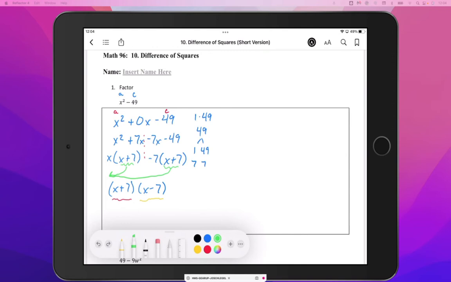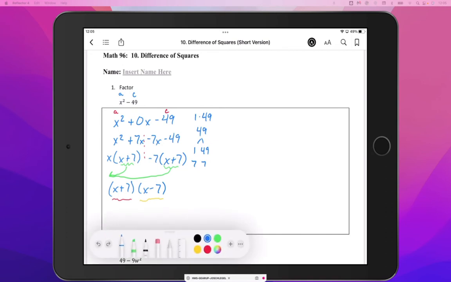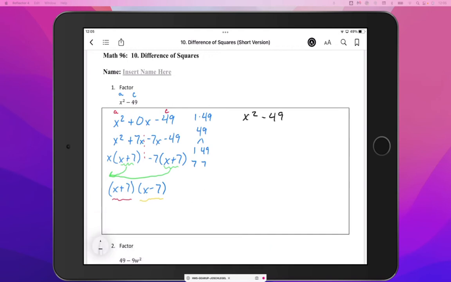The shortcut trick or the magic trick for this is to say, oh look, I'm going to do this in black. I have x squared minus 49. That's a perfect square. That's a perfect square.